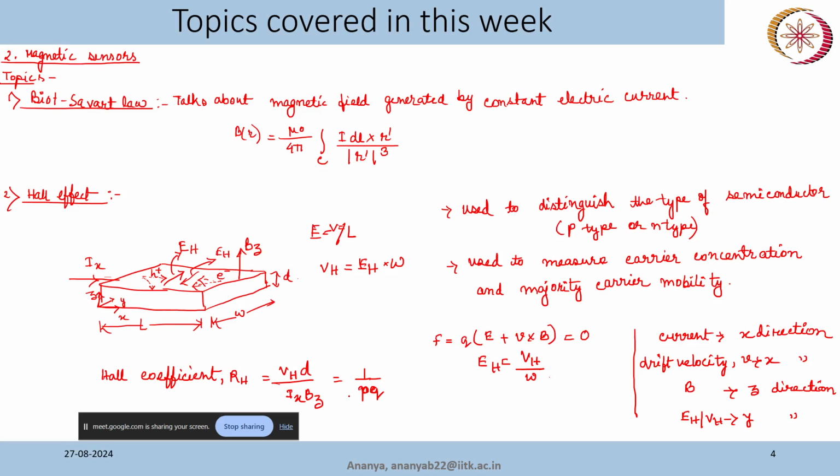Actually we calculate Hall coefficient in an experimental setup from VH. VH we measure and we calculate RH, and from RH we calculate P or N. That's how we calculate majority carrier concentration using Hall effect.